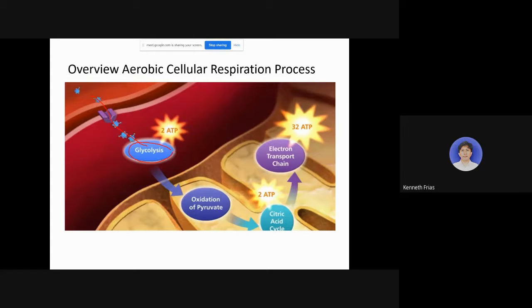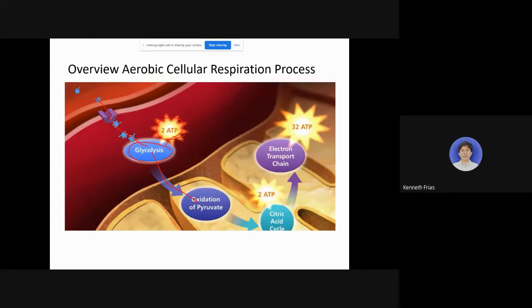So what happens in glycolysis? It will split that glucose molecule, or it will split that sugar, and in the process it produces two net ATPs. Now if there's a presence of oxygen, it will undergo what we call link reaction, or it's also known as oxidation of pyruvates. So remember, glycolysis produces two ATPs, and it will also split the glucose into two, and you call these two molecules pyruvates.